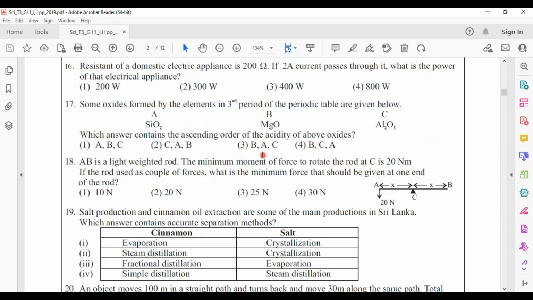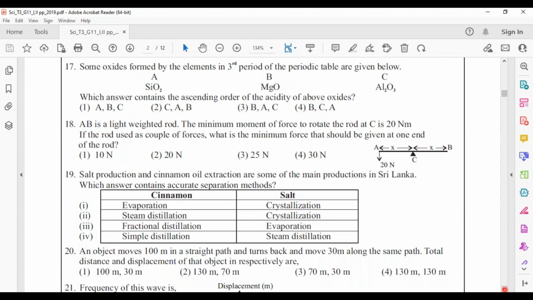And next you have to select the next acidity. It's aluminium oxide because it's amphoteric. Both properties are there, acidic and basic. Silicon oxide is showing the acidic properties, so it is the most acidic substance here. BCA, answer 4 is correct.